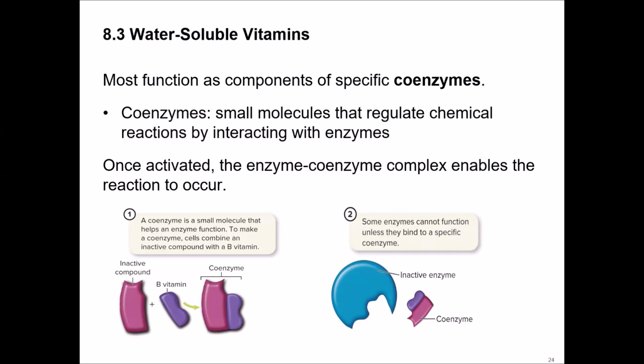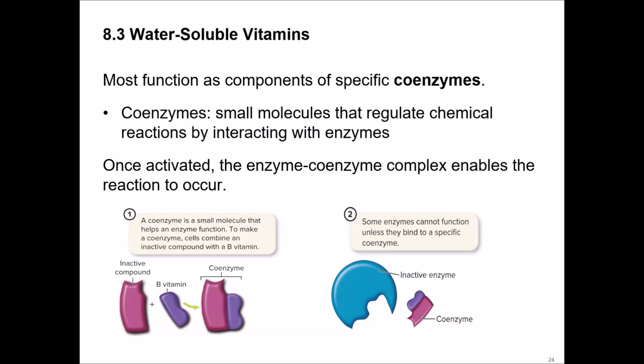All right, the next section is going to be water-soluble vitamins, and we'll go through most of these and just mention a few things about it. One of the things to understand about the function of many of the water-soluble vitamins is that because many of these are involved in some type of energy metabolic reaction, many of them function as what's called a coenzyme.